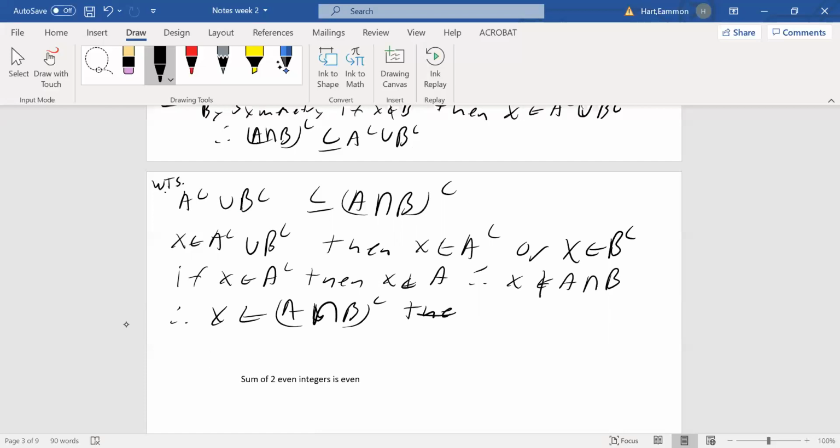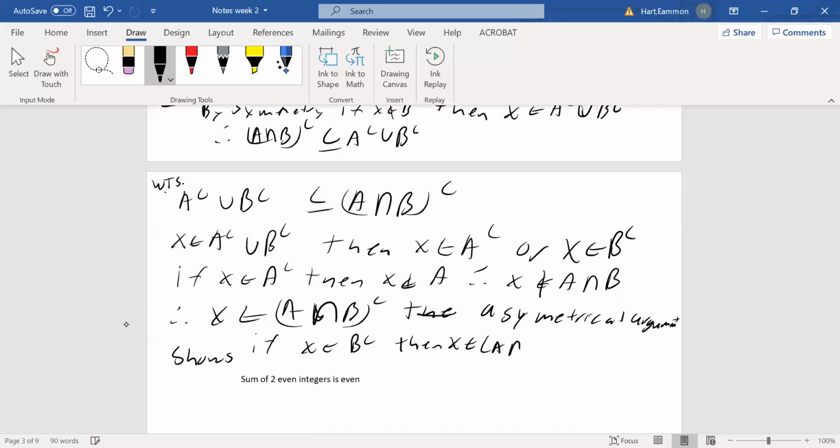Now, a symmetrical argument shows if x is an element of B complement, then x is an element of A intersect B complement.